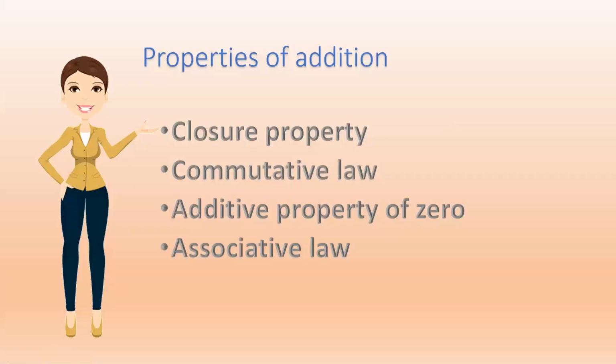So now let's learn the properties of addition. Now we know what whole numbers are. Now let's learn the properties of the addition of whole numbers. There are four properties of addition of whole numbers: closure property, commutative law, additive property of zero, and associative law of whole numbers.